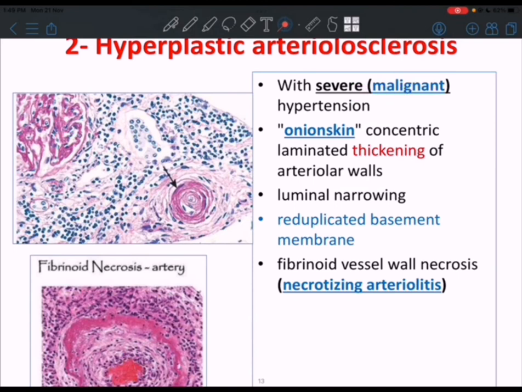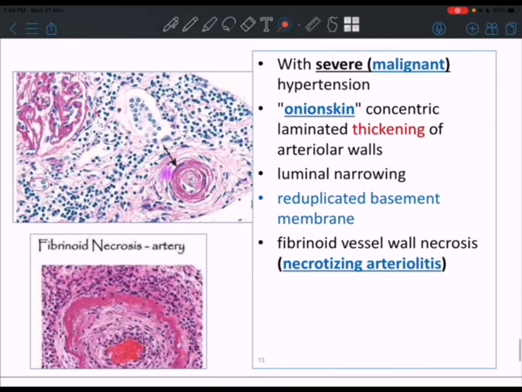تمام؟ It's more severe. The morphology here is called onion skin. بمعنى الارتريول اللي المفروض أنا أشوف فيه لومن، شو ضايل من اللومن هنا؟ شيء بسيط جدا. والباقي onion skin. في عندي layers, multiple layers.